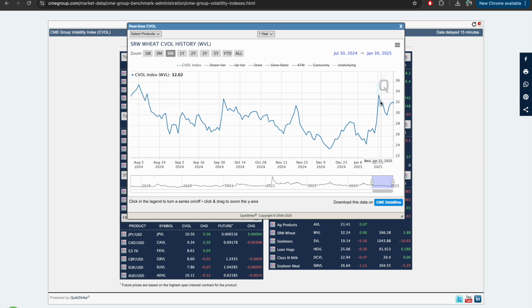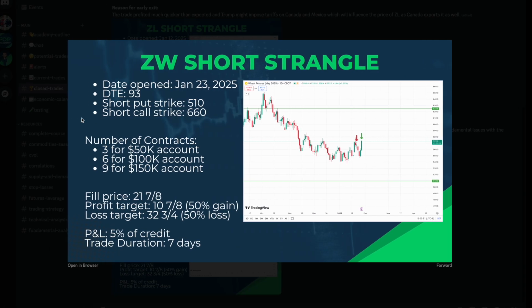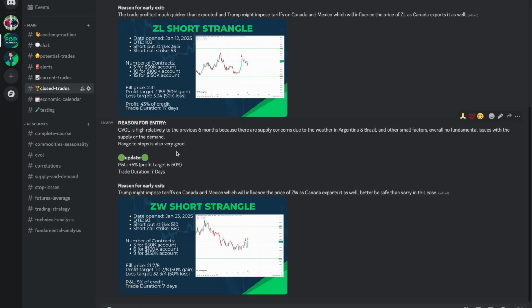So it was pretty good. The CVOL went down, it really helped us a lot, but obviously it started going back up because of the fear of the tariffs and their effects. Now, the reason I opened this position, if we take a look here, is CVOL was relatively high compared to the previous 6 months, and there were some supply concerns due to the weather in Argentina and Brazil for ZW as well.